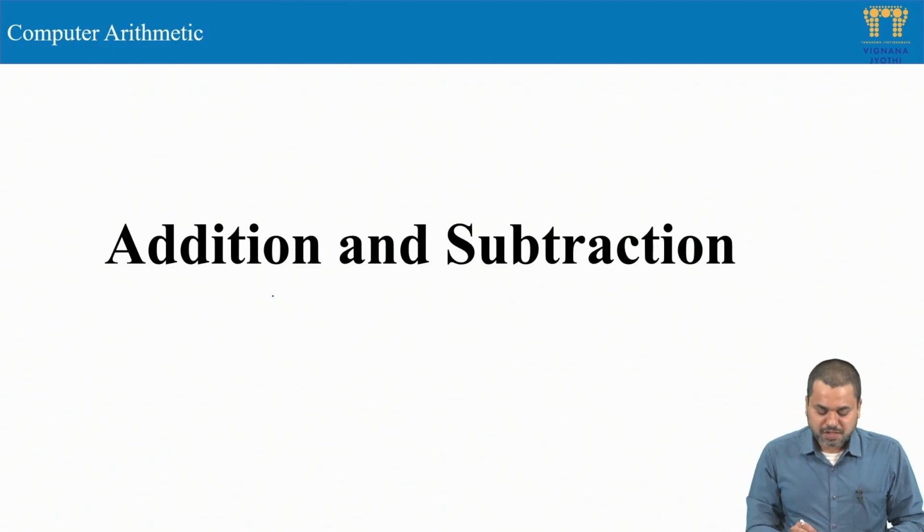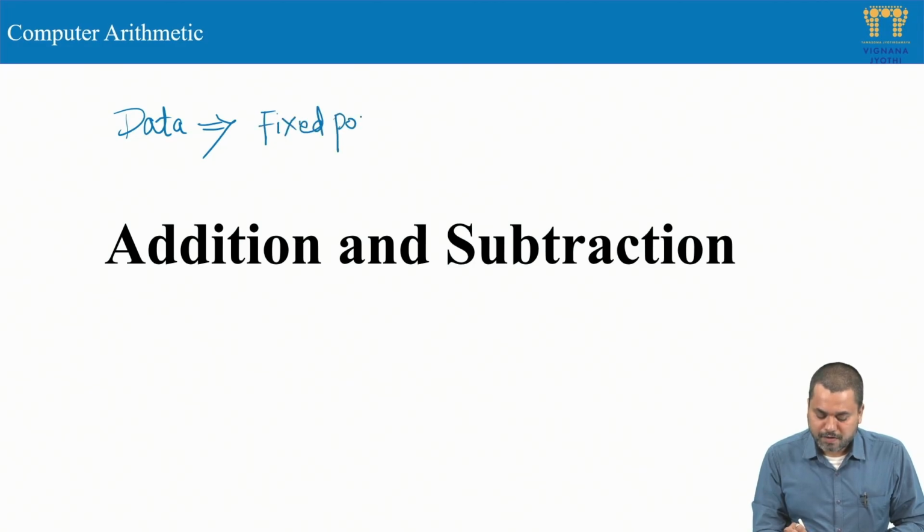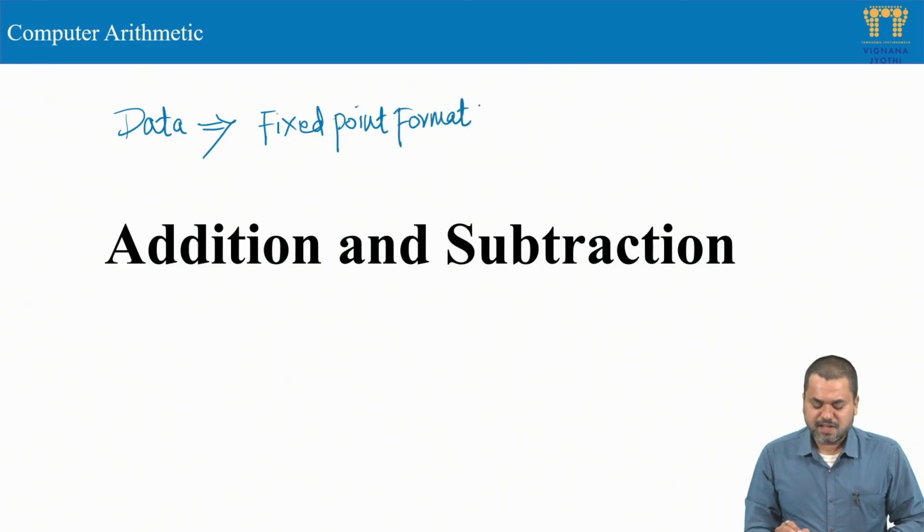In the addition and subtraction algorithm, first the data is represented in fixed point format. As you know, fixed point data can be represented in three ways: sign magnitude form, one's complement form, and two's complement form.